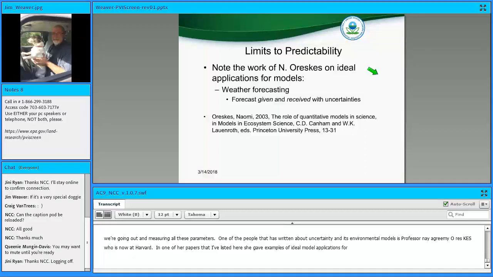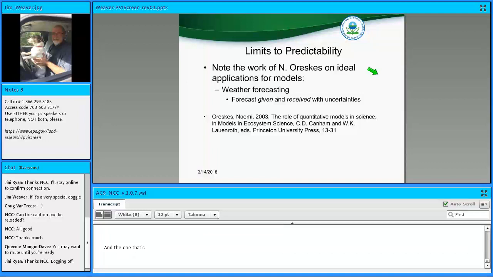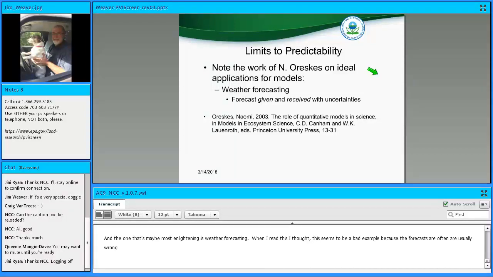And the one that's maybe most enlightening is weather forecasting. When I read this, I thought, this seems to be a bad example, because the forecasts are often or usually wrong. Well, it turns out it's a good example for the reason that the weather forecast is given as a probability, or given with uncertainty.